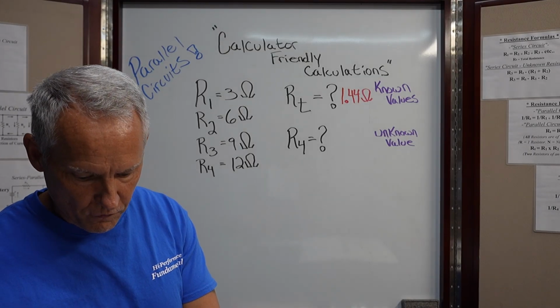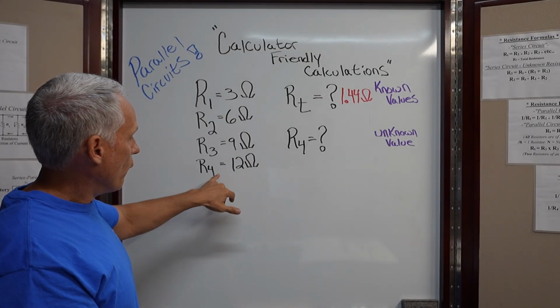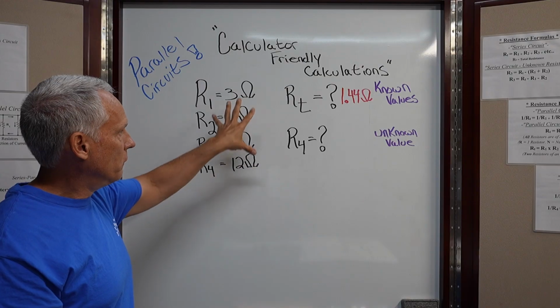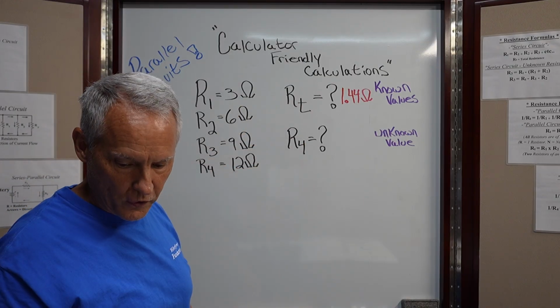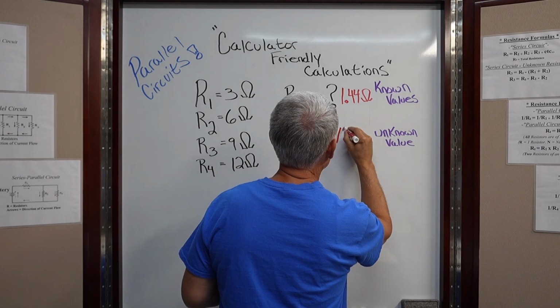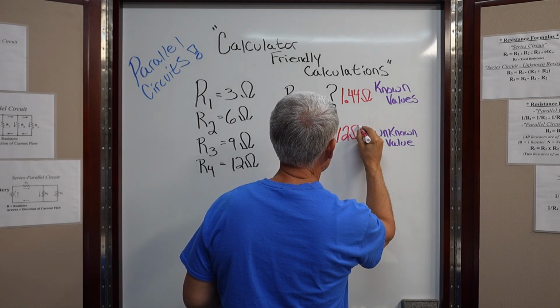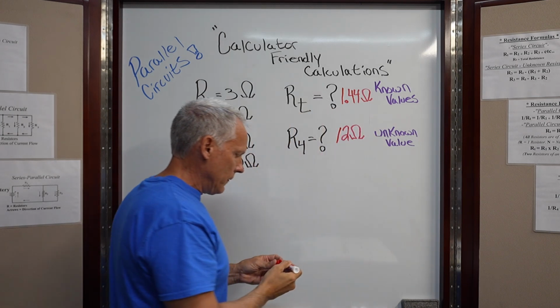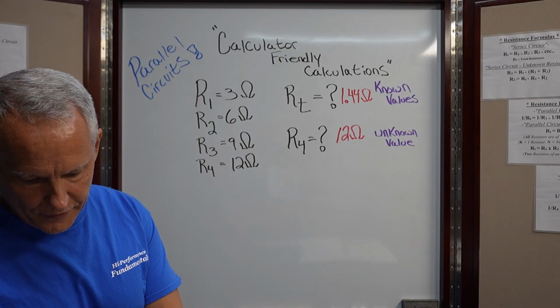To ensure that we got that right, we already knew that resistance was 12 ohms, so when we did the calculation we came out with 12 ohms, so we know that we calculated it correctly. So 12 ohms. All right, and that's finding your unknown value. That's how I did it, right?